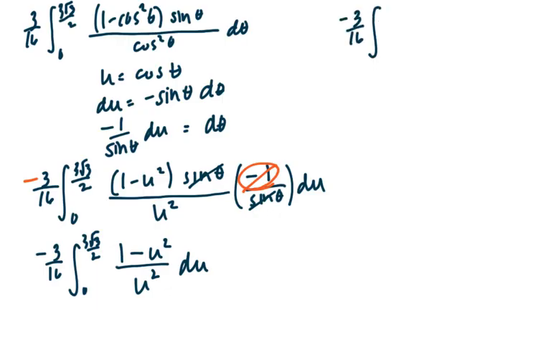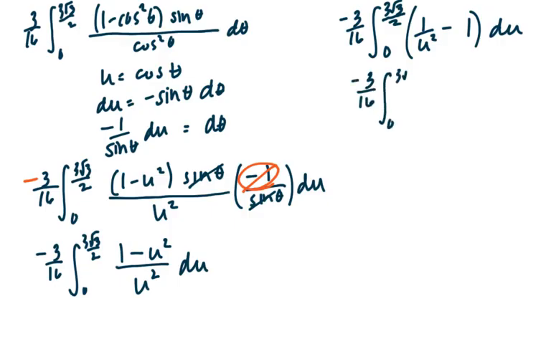We got negative 3 over 16, 0 to 3 square root of 3 over 2. And then we have 1 over u squared minus 1 du. Now most people don't integrate that well, so let's write another line. So we have u to the minus 2 minus 1 du.